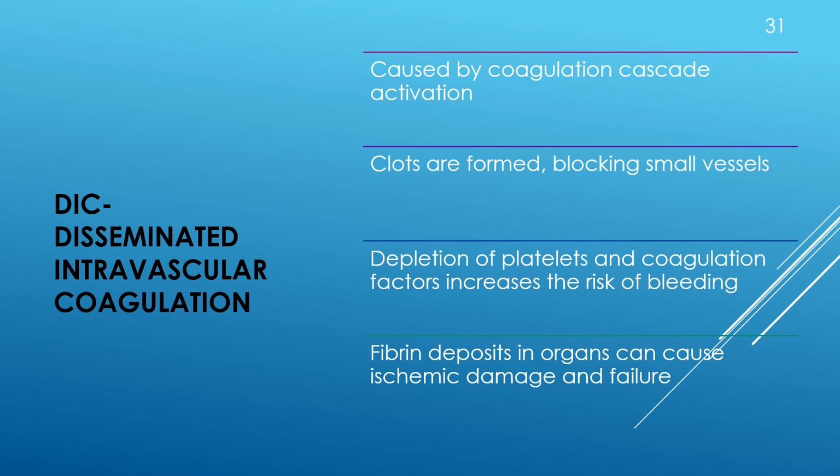So at first you clot, then you bleed. Then there are fibrin deposits in organs which cause ischemic damage and failure. So this is a cascade of events that occur due to a clotting factor, and it's called DIC, or disseminated intravascular coagulation. The next slide will tell you how they actually diagnose this.